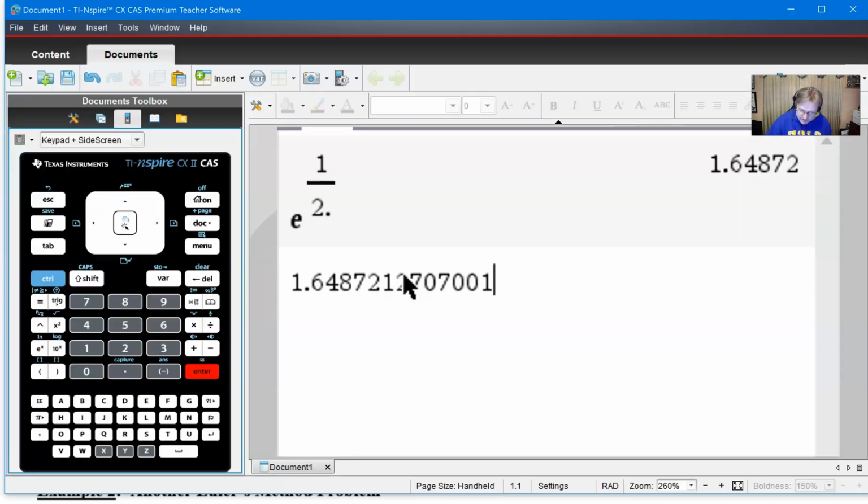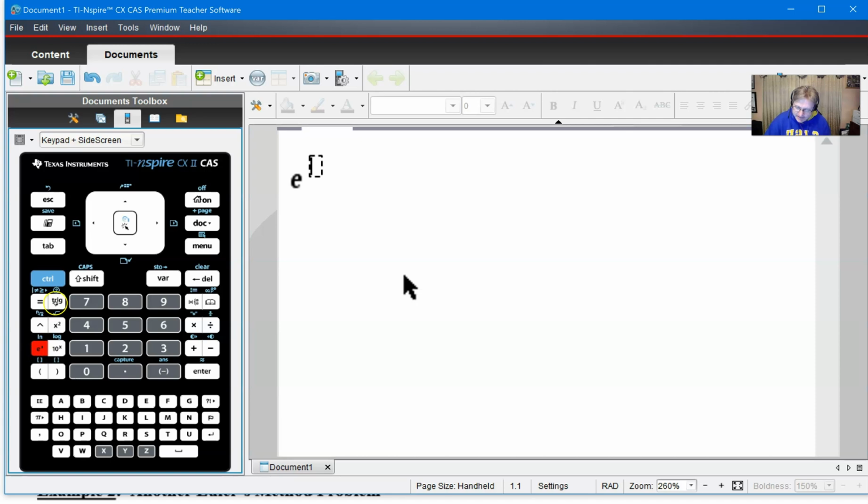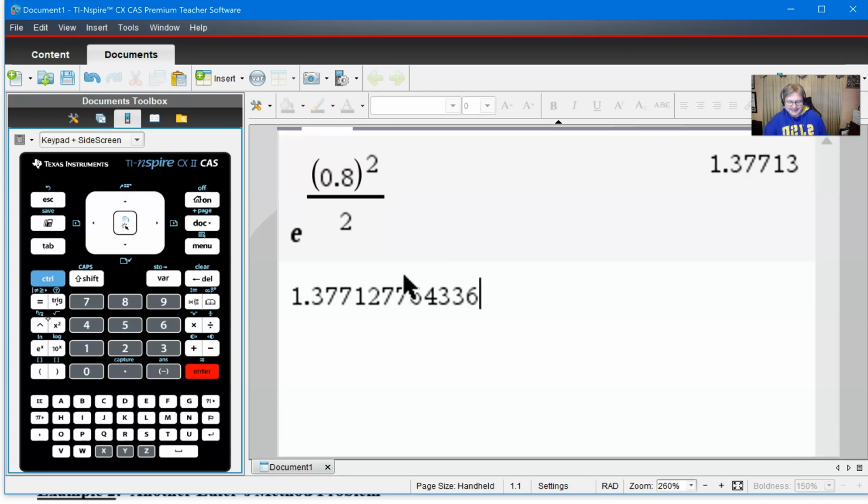So we'll go to our calculator, and I'm going to clear all this out to give us a clean slate. If we type in e raised to the quantity 0.8 squared divided by 2, that gives us 1.37713. But as you can tell, that decimal doesn't terminate. This decimal actually goes on forever and ever.